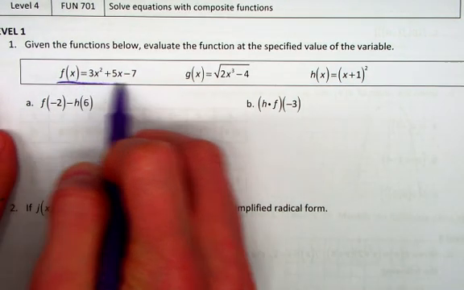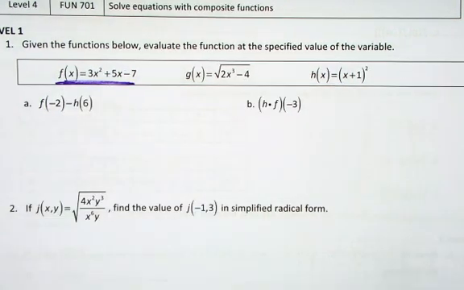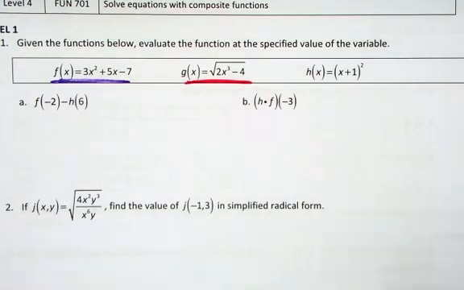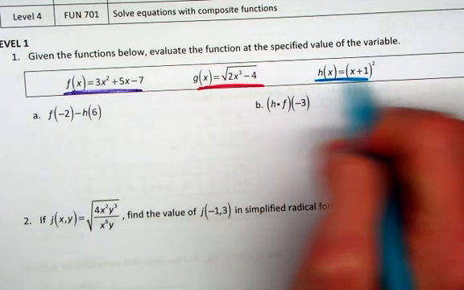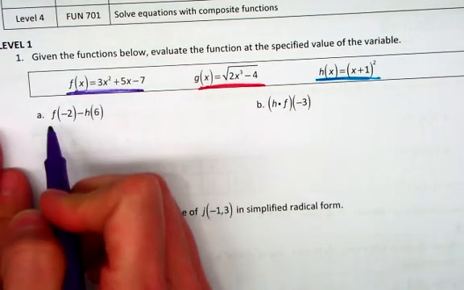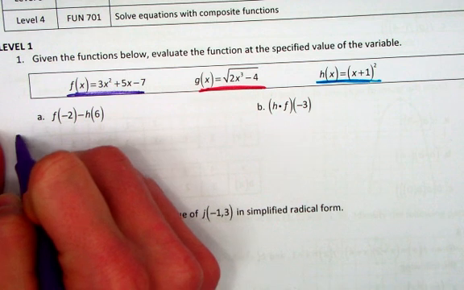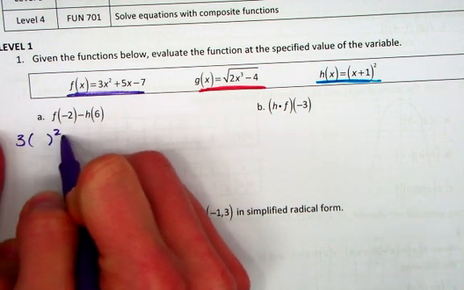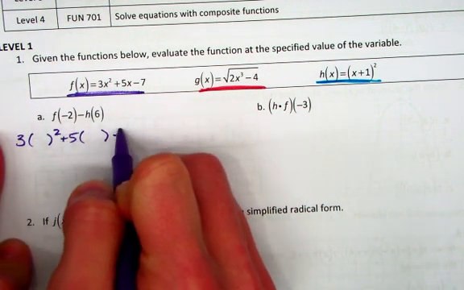So I'm going to let f of x be my purple. I'm going to let g of x be my red, and I'll let h of x be my light blue here. So since it's f, that's going to be 3 parentheses squared plus 5 parentheses minus 7.